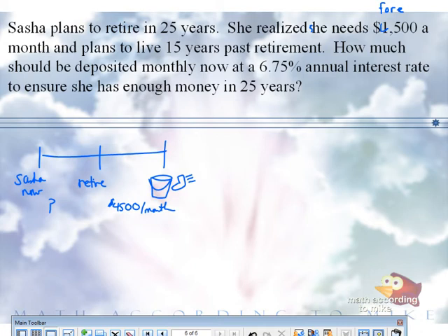What formula is that? What lump sum should she have at retirement so she's able to take out $4,500 a month? Not future value. This is a present value of an annuity.